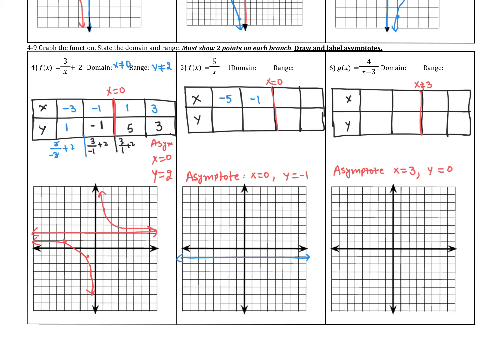On right of 0 is 1 and 5. When you plug it in, you're going to get 5 divided by negative 5 minus 1. So that's going to be negative 1 and negative 1, which is negative 2. 5 divided by negative 1 minus 1. So that's going to be negative 5. Negative 1 is negative 6.